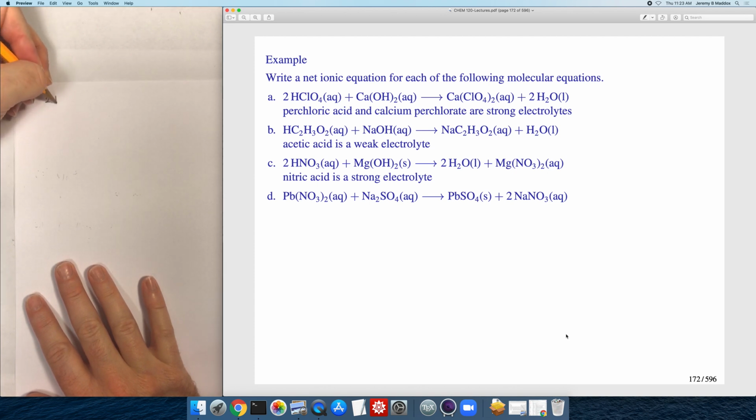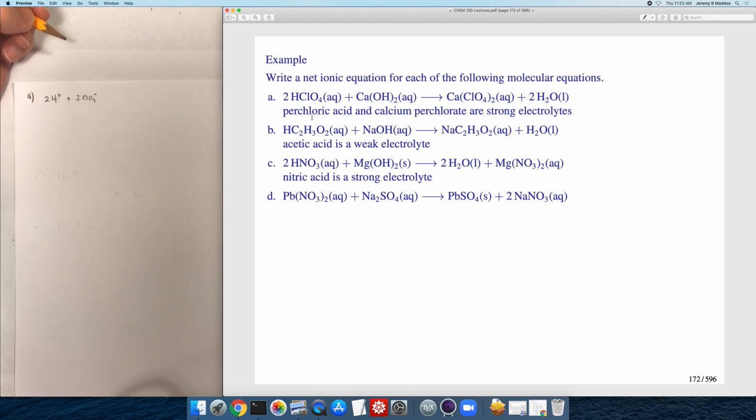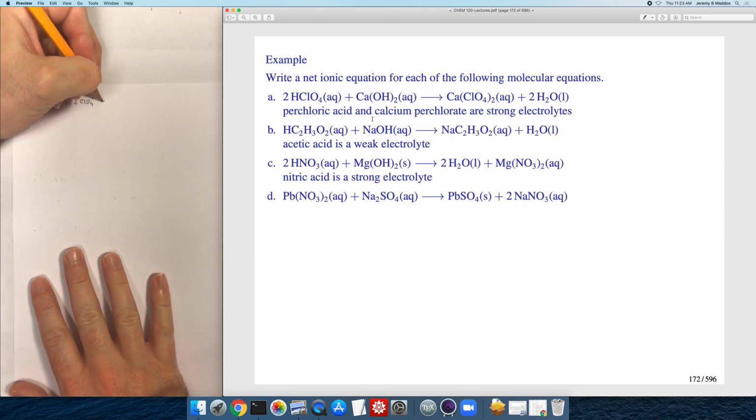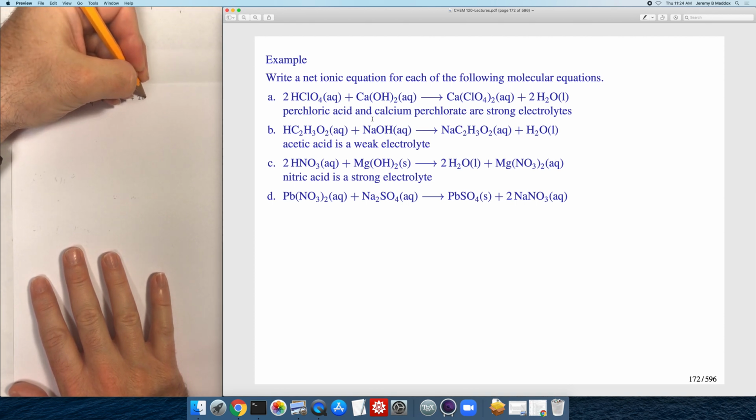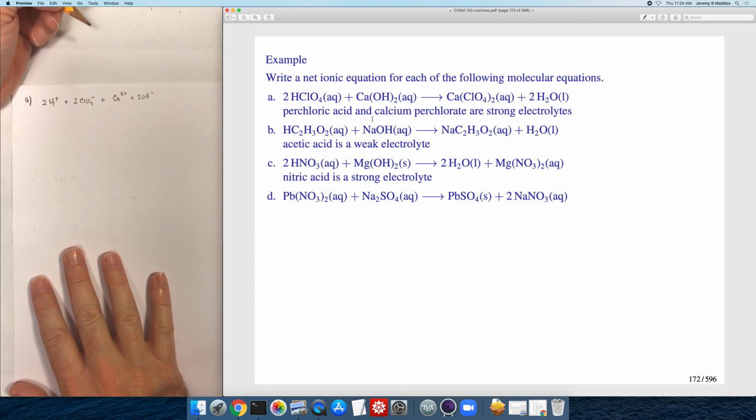You get H+, and then you're also going to have the two perchlorates. So just in case you're wondering, where does that 2 come from? It comes from the coefficient here. Next, we're going to break up the calcium hydroxide because it's also a strong electrolyte. So that's going to give us calcium ions, and then we're going to have 2 hydroxide ions.